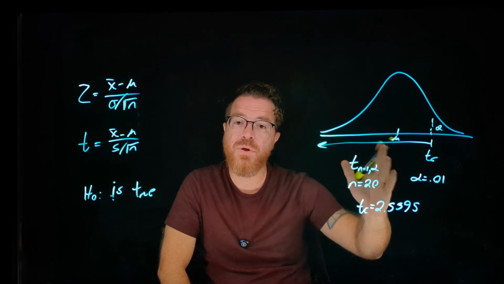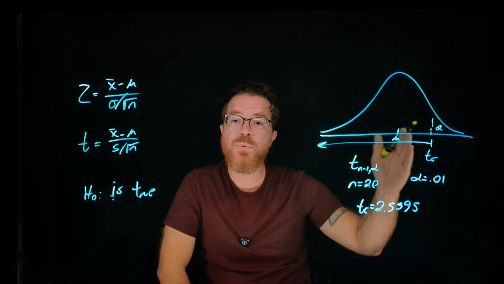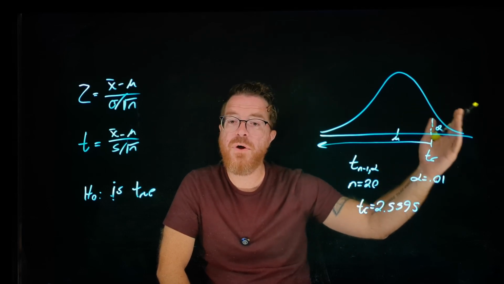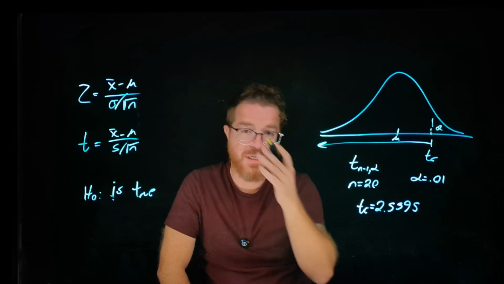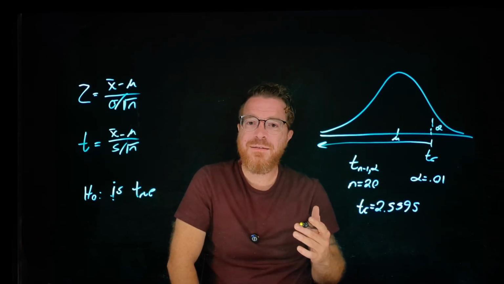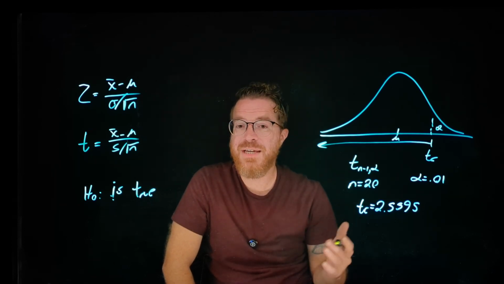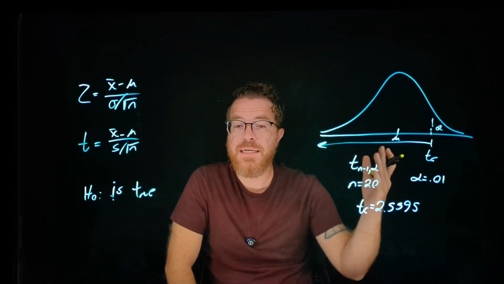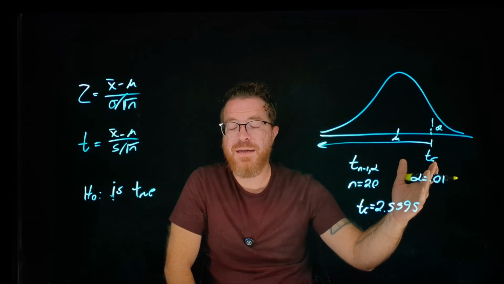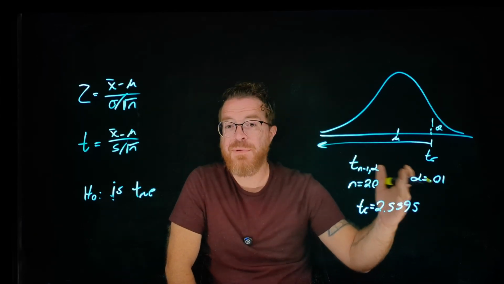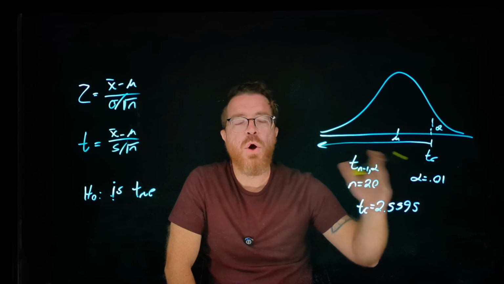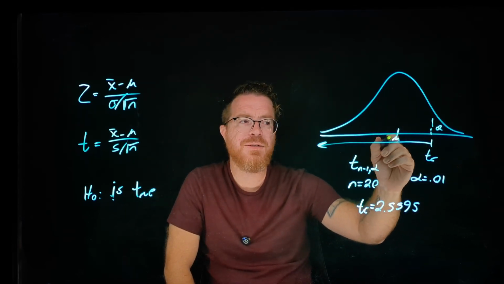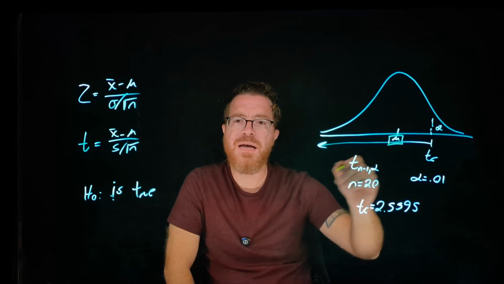Because if my null hypothesis were true, I would only expect it to fall outside of, let's say alpha is 0.01, that value 1% of the time. So if my data happens to be in that 1%, that means one of two things. Either I got really lucky when I did my data collection and I happened to get that 1%, or my value fell outside of it because maybe this null hypothesis mean is actually not true.